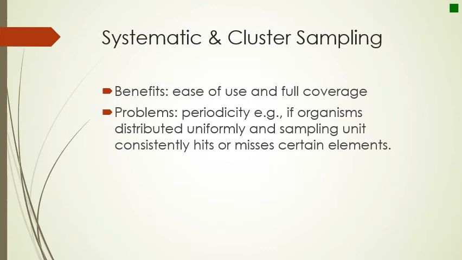So what are the benefits of this approach? Well, ease of use. In many cases, sampling clusters can be easier than logistically getting out to the same number of independent individual units.